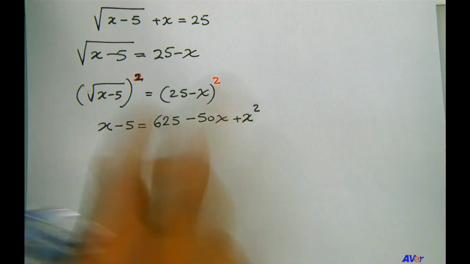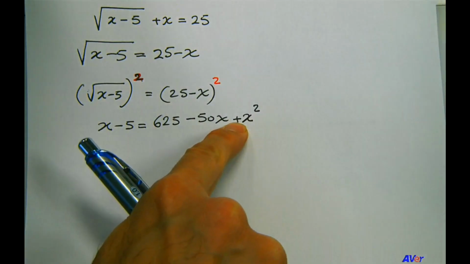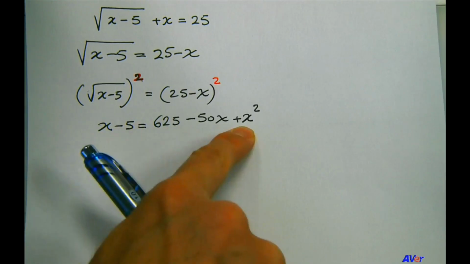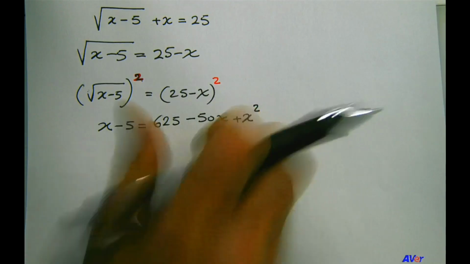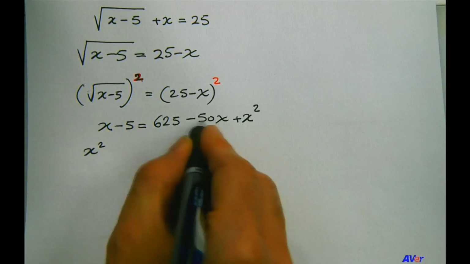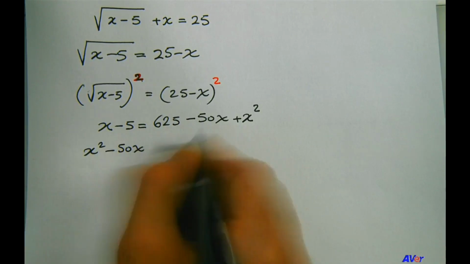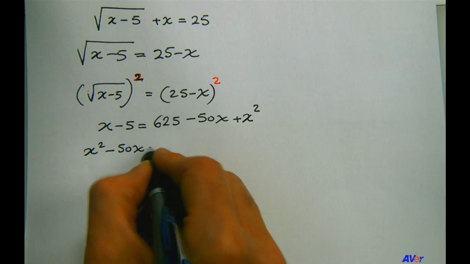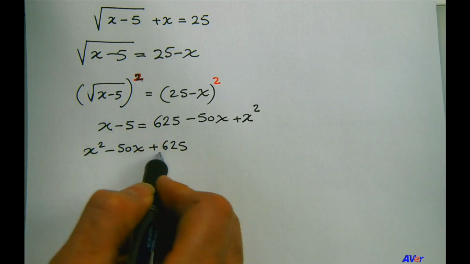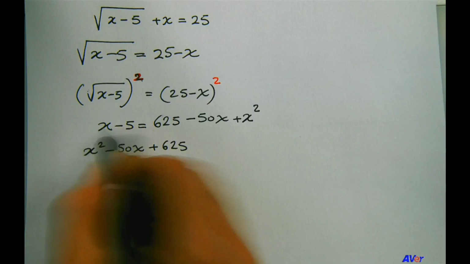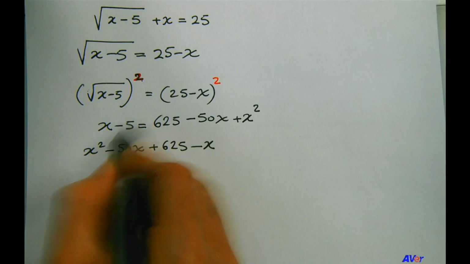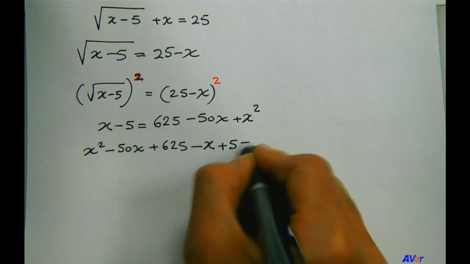Because the coefficient of the quadratic term is positive on that side, I'm going to keep everything on that side and move these two with them. Notice as I do that, all these algebraic signs stay as they are. So x squared is positive, minus 50x, and positive 625. Now I'm going to move these two to the same side as them. So x is positive. When I move it, it becomes negative x. Minus 5 is negative, so when I move it to this side, it becomes positive 5 equals 0.